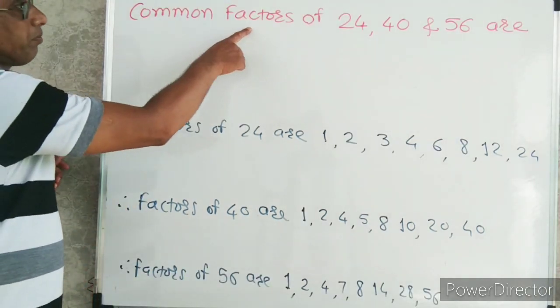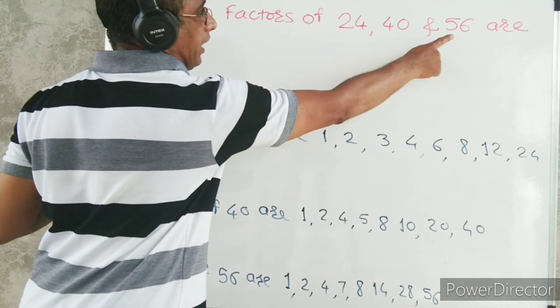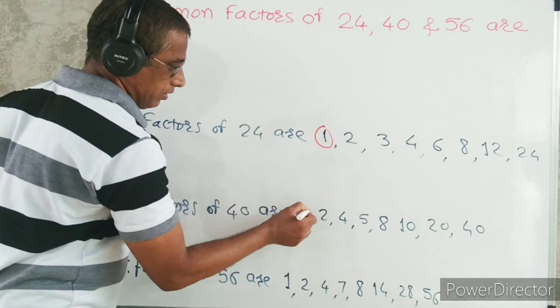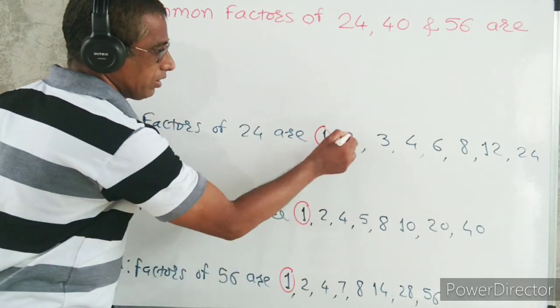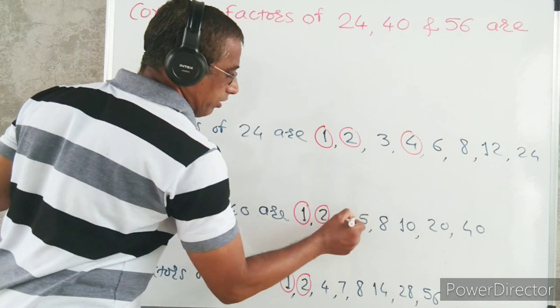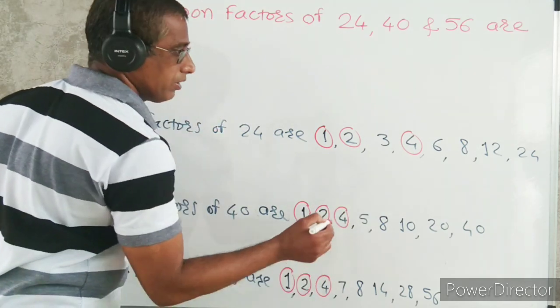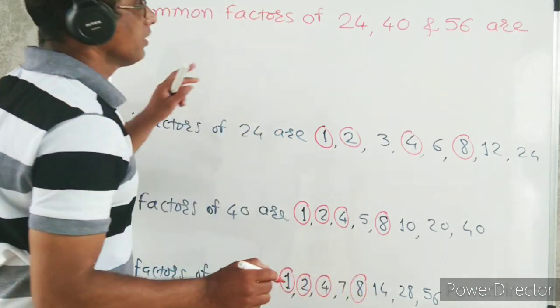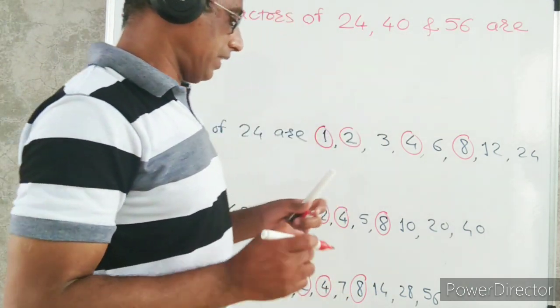Common factors of 24, 40 and 56 are 1. 2 is also a common factor, 4 is also a common factor of all numbers, and 8 is also a common factor of 24, 40 and 56.